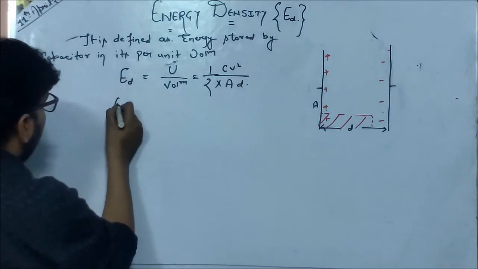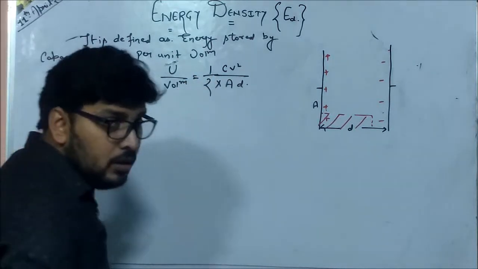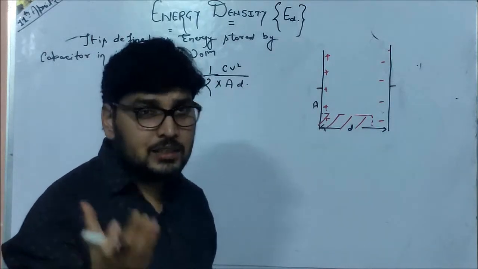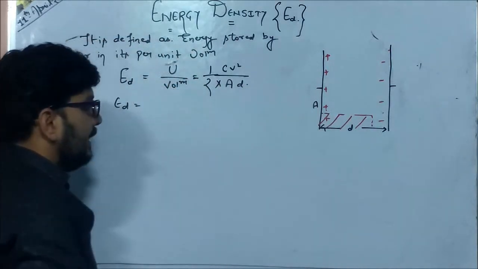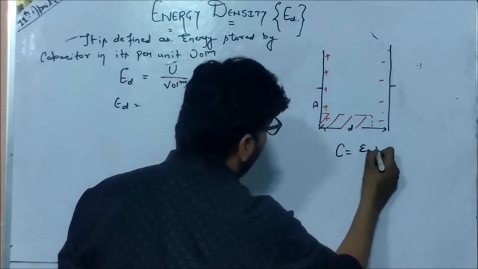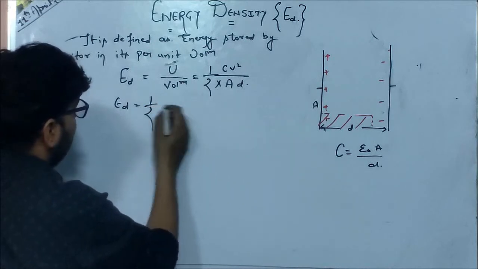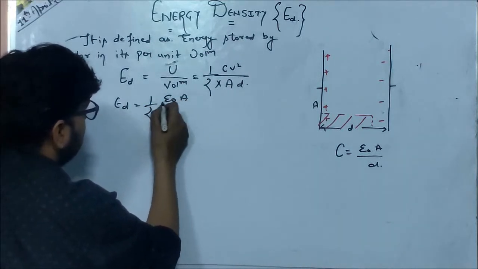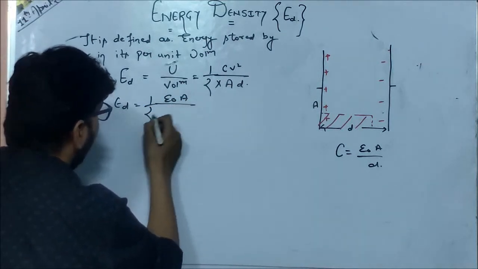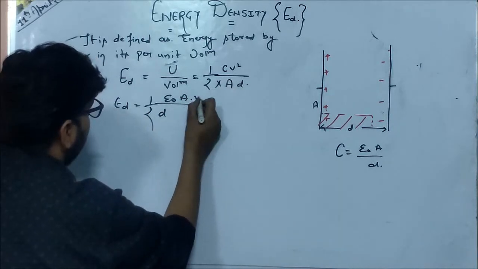Now we will put the value of capacitance of the capacitor. थोड़ा याद करिए कि वो capacitance कितनी होती थी. Then the capacitance of the capacitor was epsilon naught A by D. So half C is epsilon naught A upon D and V square is there already.